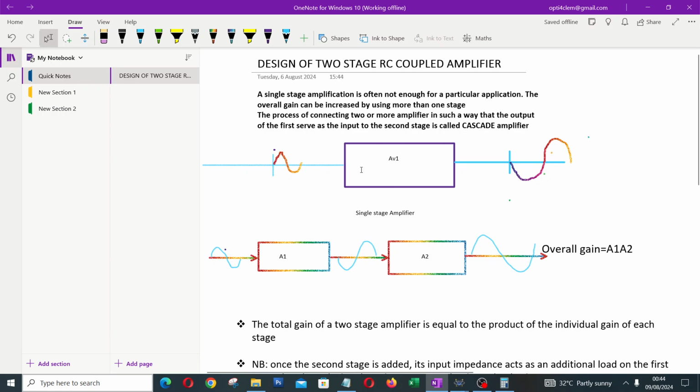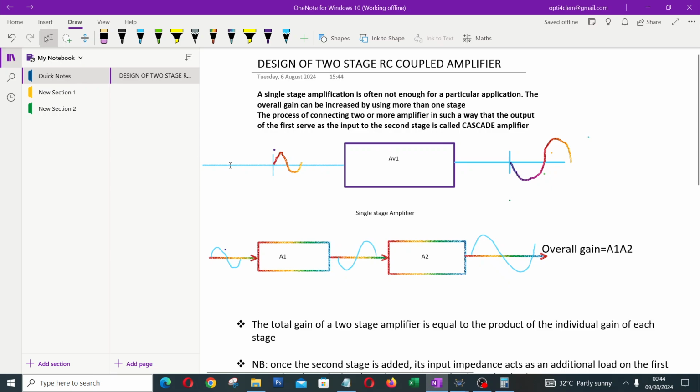For example, this is a single stage amplifier represented in the block diagram. This is the input and this represents our output. So when you now have two stages, this becomes the input, this is the output, then this output becomes the input to the second amplifier to give us a better amplified signal.